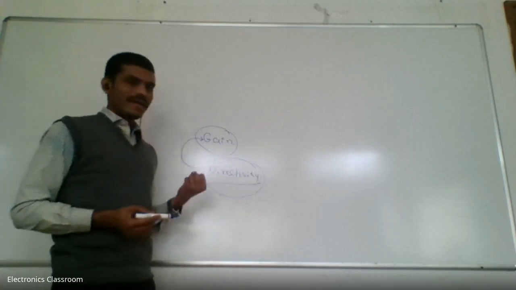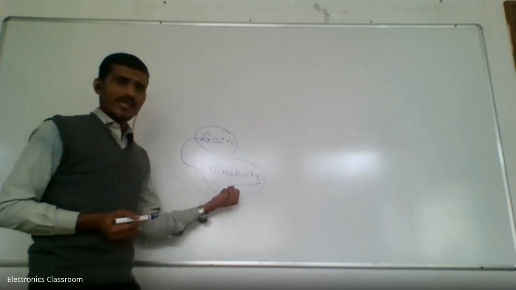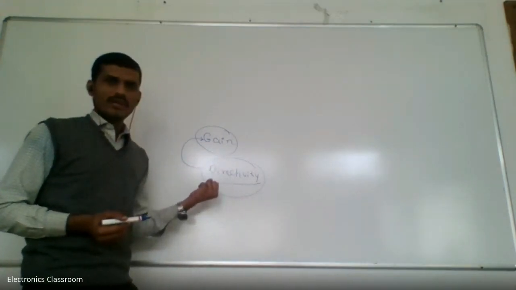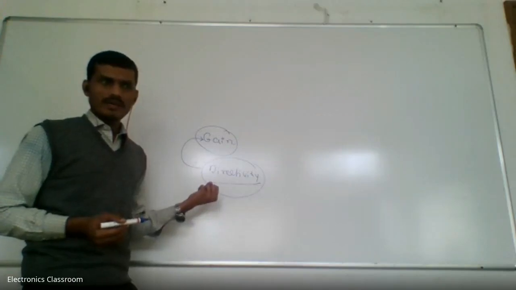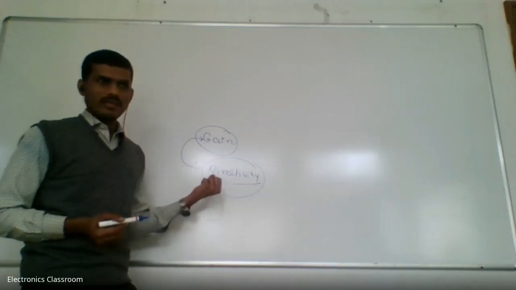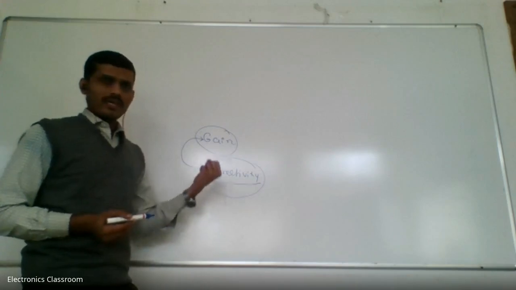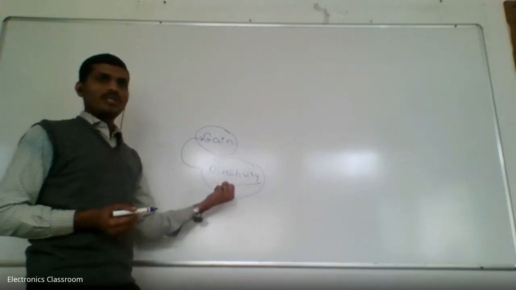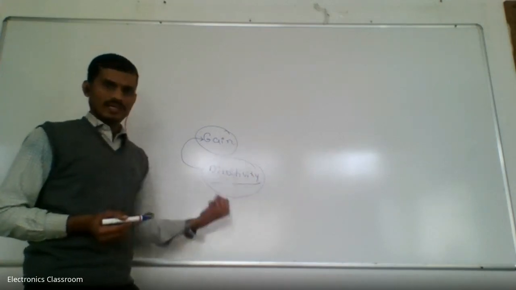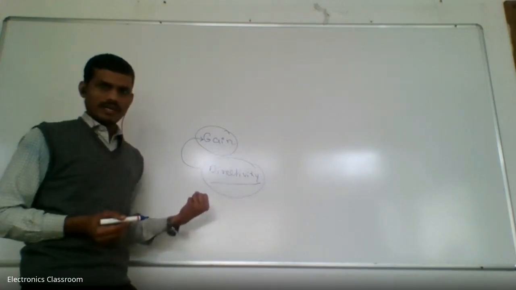Now, what is the directivity? Directivity is the ratio of antenna radiation intensity to the isotropic intensity of that particular antenna.